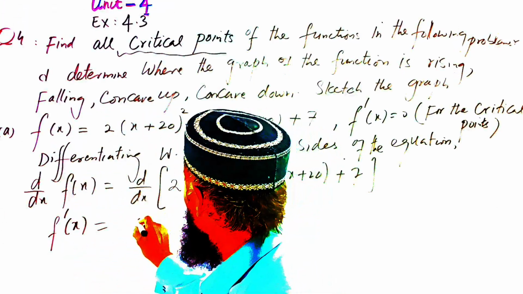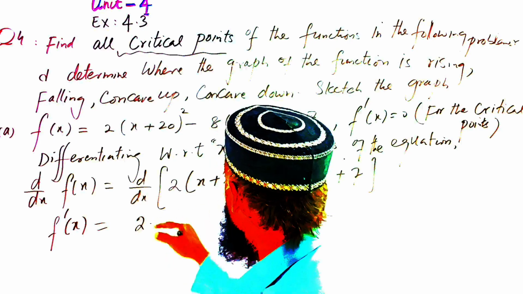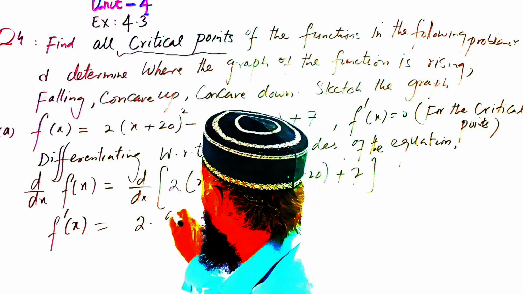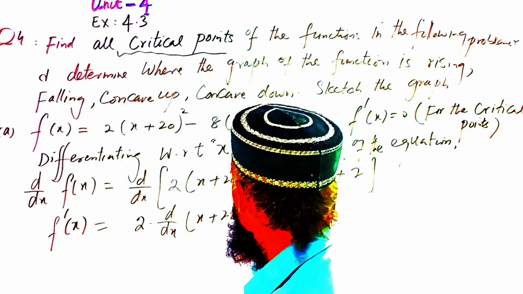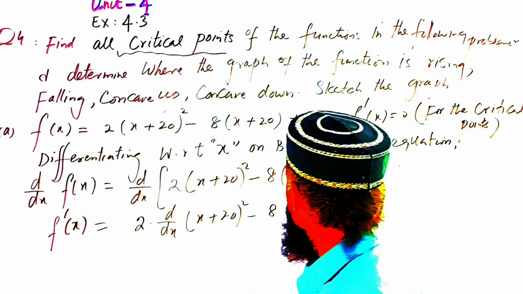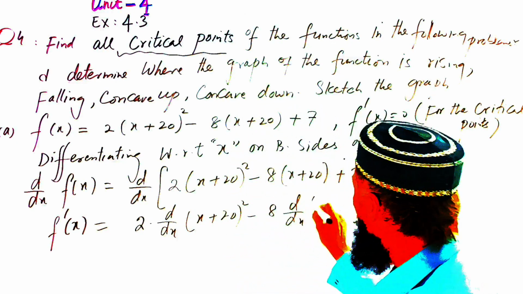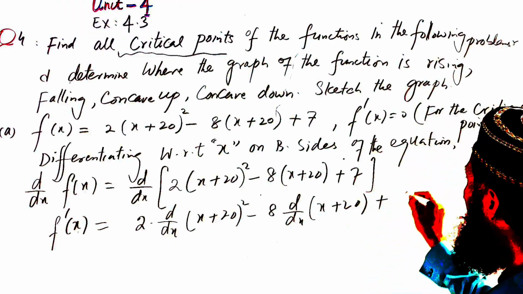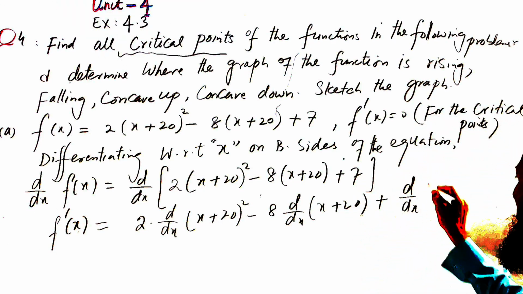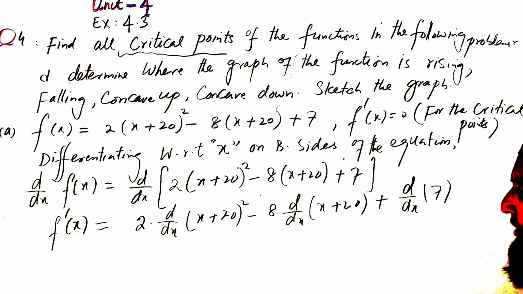So for the derivative of this function, 2 is a constant outside. Here we are using the power rule. Minus 8 is a constant, so we write dy by dx of (x plus 20), plus the derivative of the constant, which is 0.